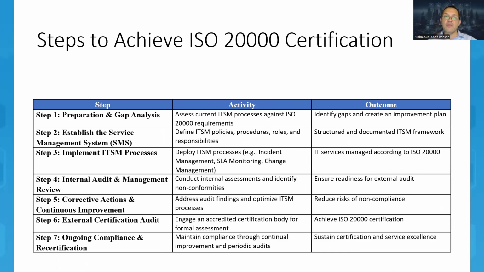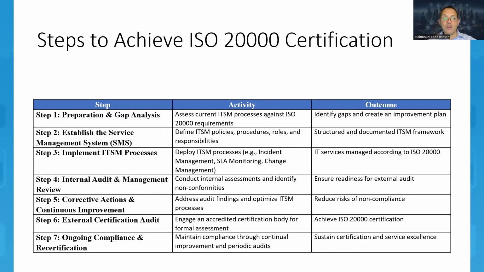And the result is reduced risks of non-compliance. We already have a risk that when we perform external audits, we may find our organization is non-compliant with ISO 20000 requirements. So creating a corrective action plan and continuous improvement plan will help us to reduce this risk.